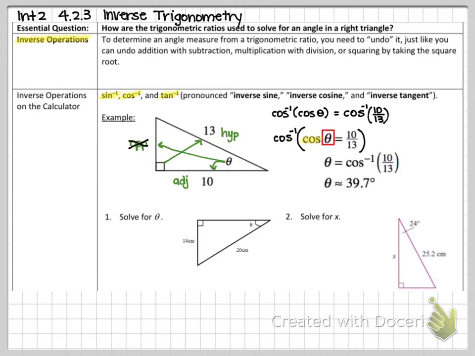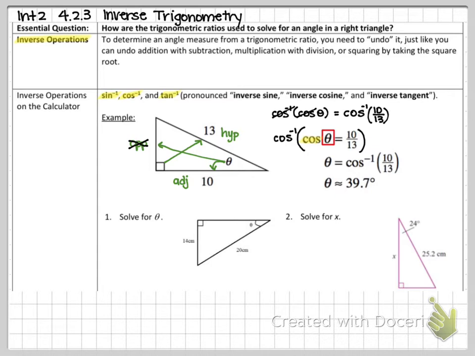On the left-hand side, we know that cosine inverse, or inverse cosine, and cosine are opposites of each other, so they cancel. Since they're inverse operations of each other, they cancel. And all we have left is the theta, which is really what we're looking for.